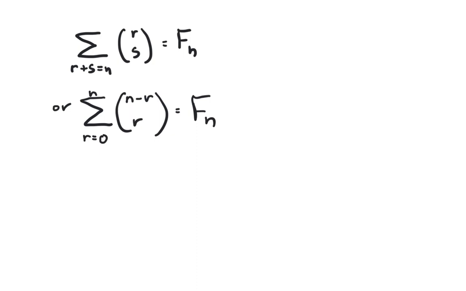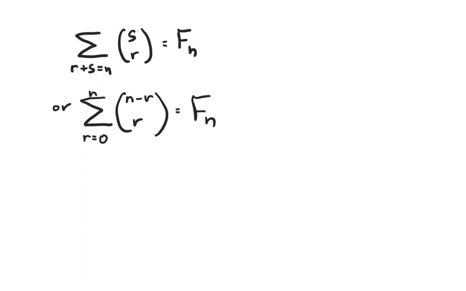So here if r was 0, we get 0 plus n. Well, maybe actually s is operating like r here, so let me erase that. It's not going to make a difference. I'm going to write this as s choose r. But if r is 0, then we get 0 plus n equals n. So this is n choose 0.